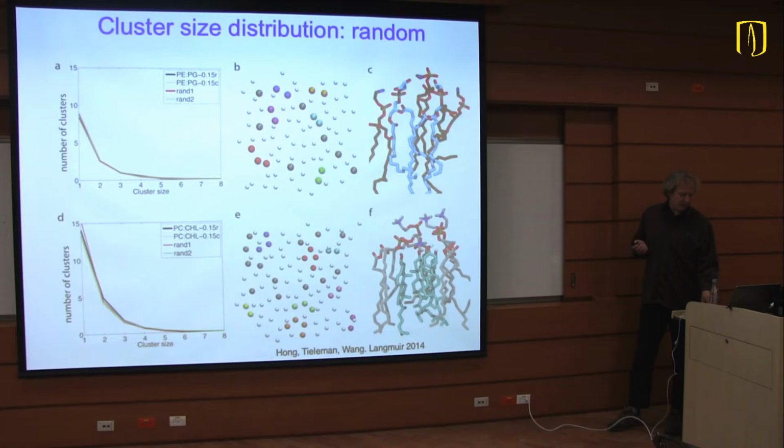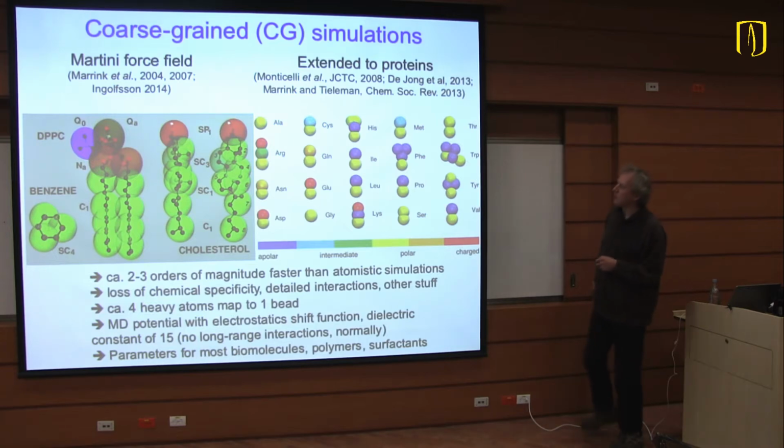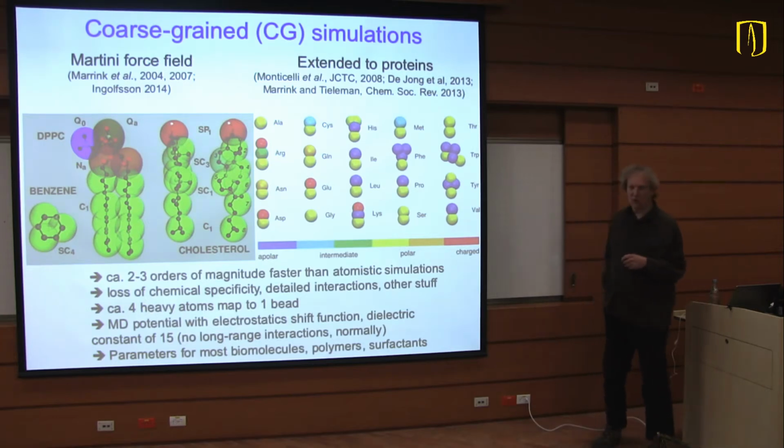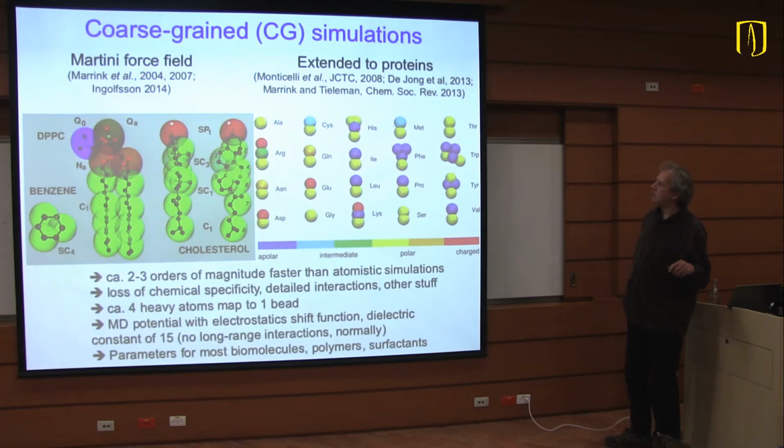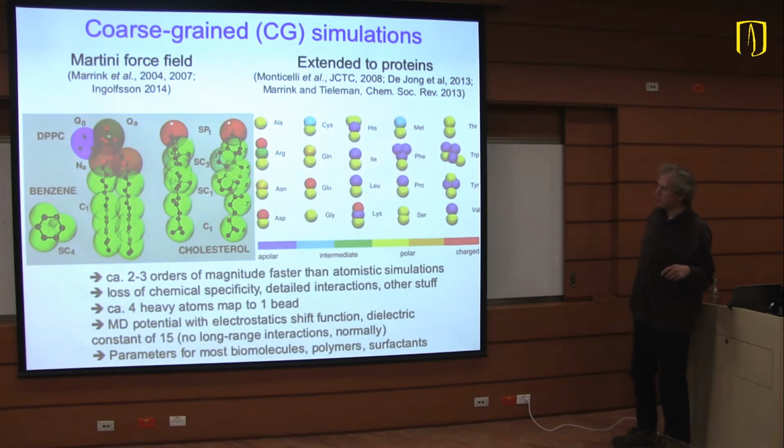So for the last 12 years or so, we've collaborated with CEO Mark at the University of Groningen, who developed a coarse-grained force field that was meant initially to look at lipids, but now is able to look at almost any chemical system. And in 2007, this force field was called Martini. This is a reference to cocktails, but also to the church of the city of Groningen, where both CEO and I come from originally.